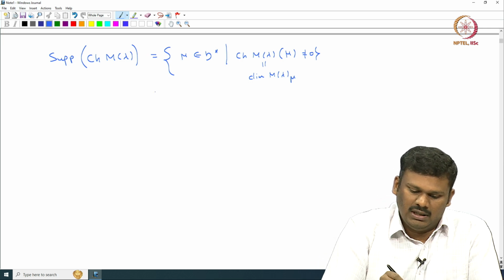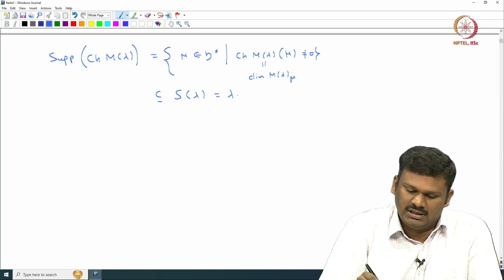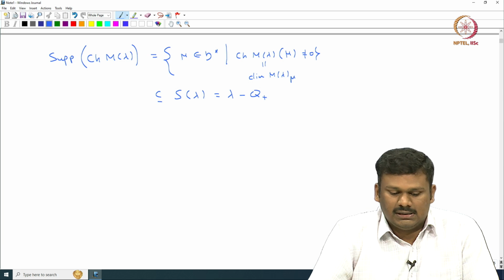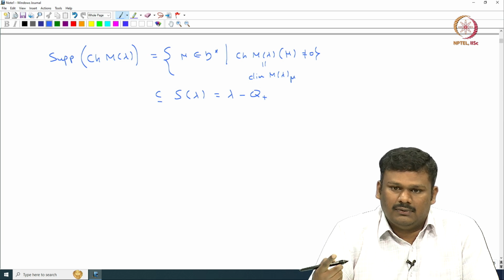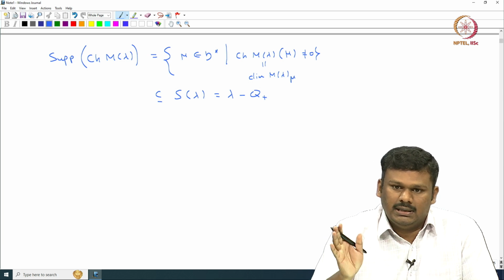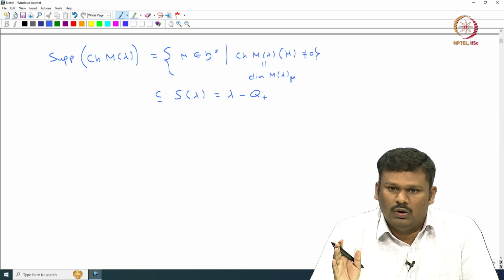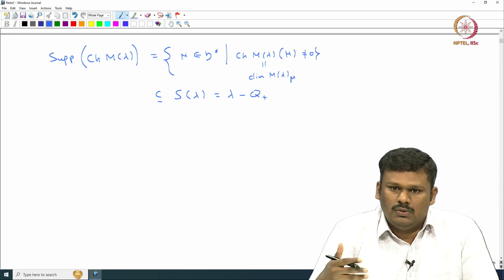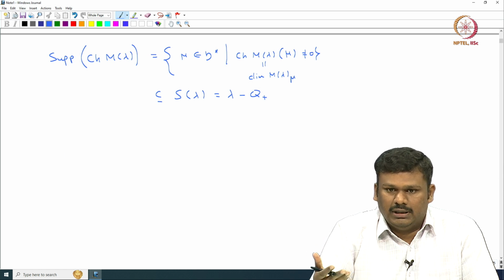Then we see that this is indeed contained in S of lambda, which is by definition lambda minus q plus. Okay. So, given this one particular character of a Verma module, that is indeed contained in one cone that is bounded above by lambda, but we will be only interested in finite dimensional representations.